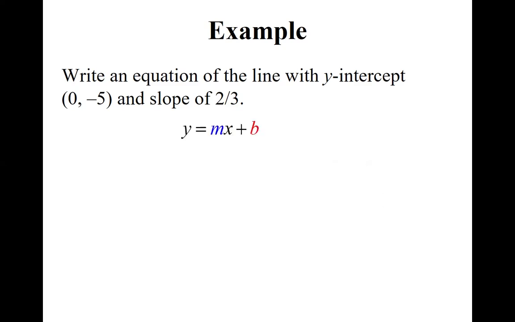So let's start by writing that down. Y equals mx plus b. We are given the slope of 2/3. We are given a y-intercept of -5. So 2/3 is m, -5 is b, and when we simplify, we get y equals 2/3 x minus 5.